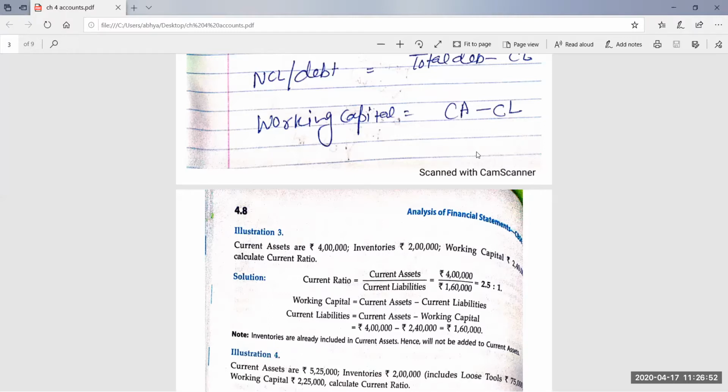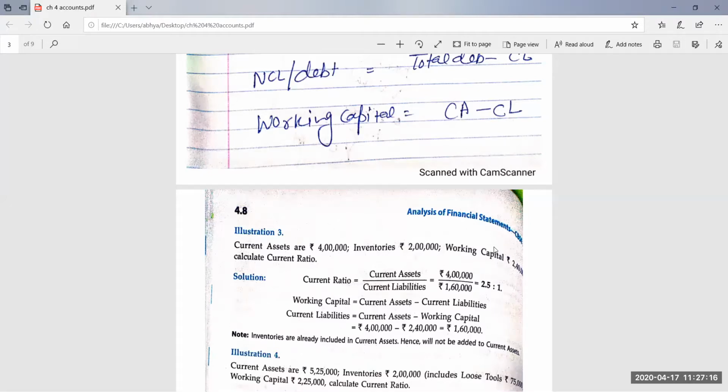It will be of no use. Now current liability has come 1,60,000. So the answer will be 4 lakh upon 1,60,000, which is equal to 2.5 is to 1. So students, if the answer is coming in points, then make sure you are finding the answer up to 2 decimal places.